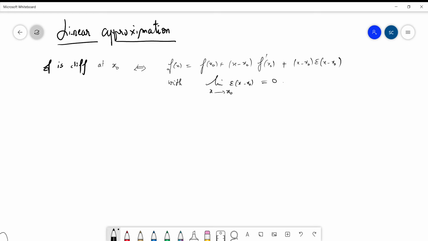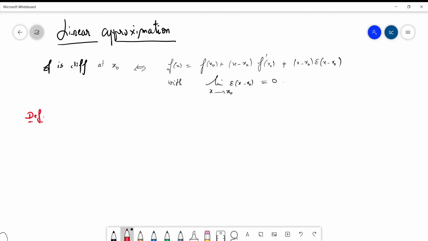So the fact that this quantity goes to 0 means we can approximate the value of f by this quantity. So by definition, we will set the following definition.